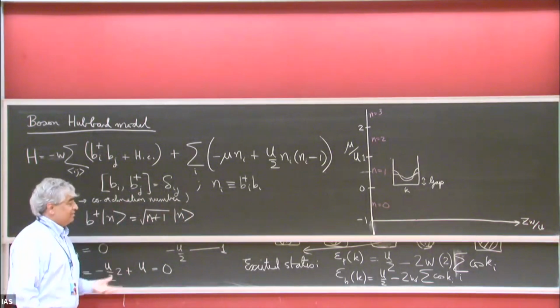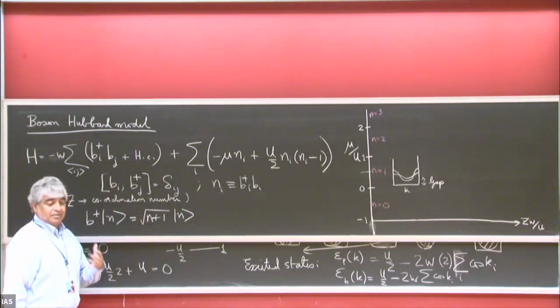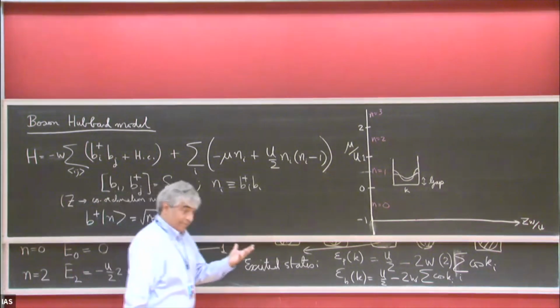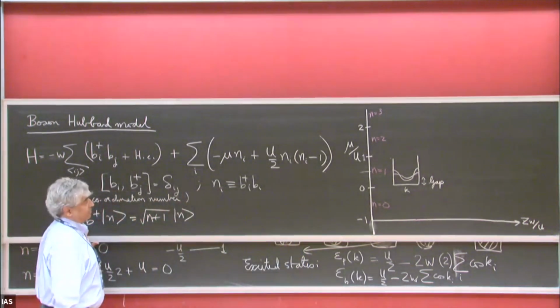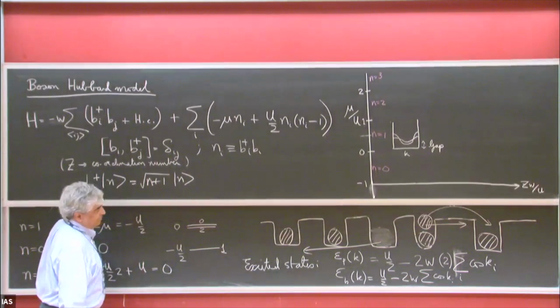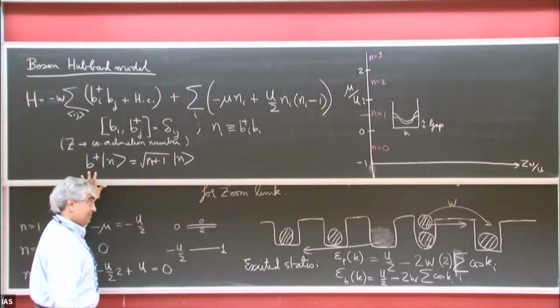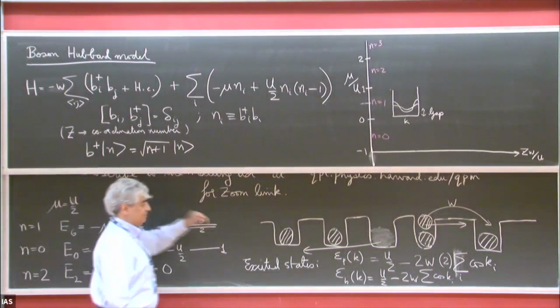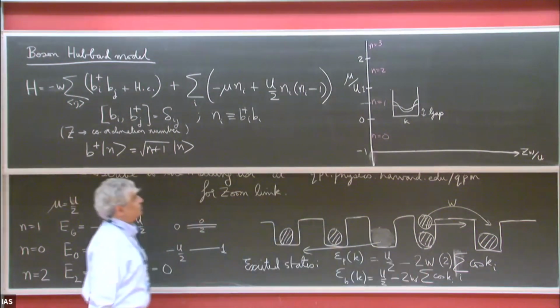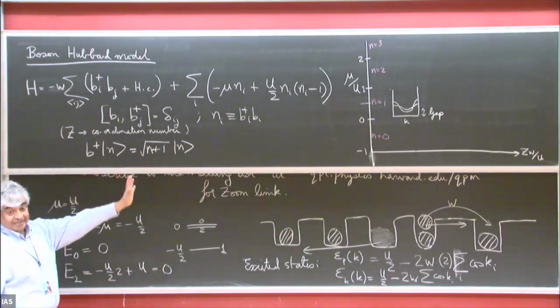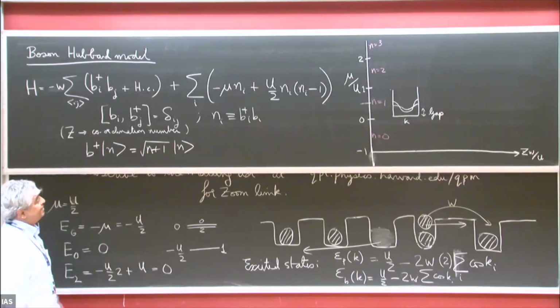And the excited states come in two types. There's a charge 1 excited state and a charge -1 excited state, corresponding to the particle and the hole. And they cost a finite energy to create, which is this energy of order U/2 minus something times W. But W is small, so there's a range of W where the gap persists.